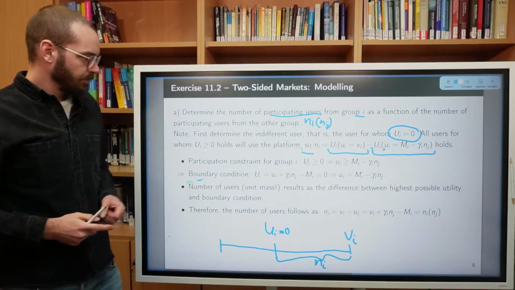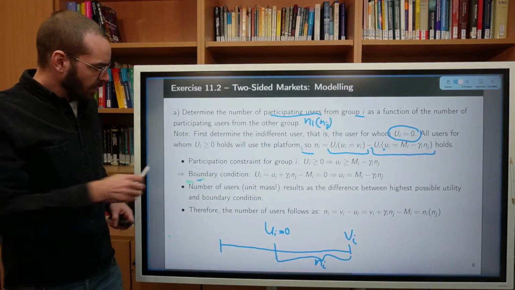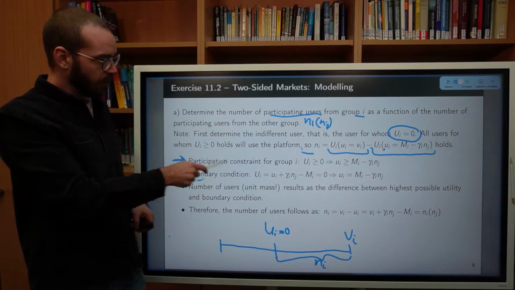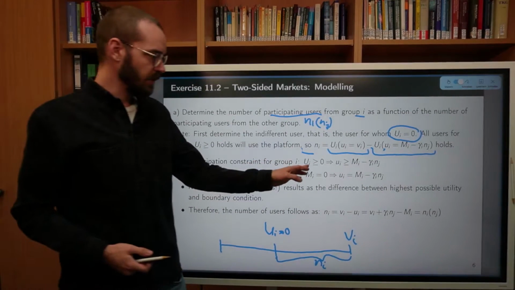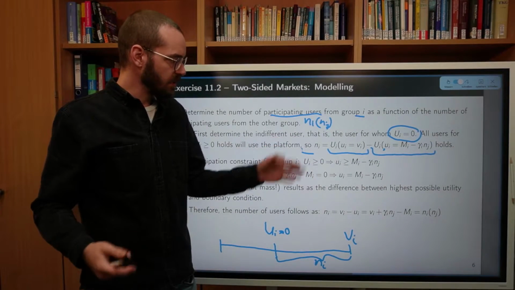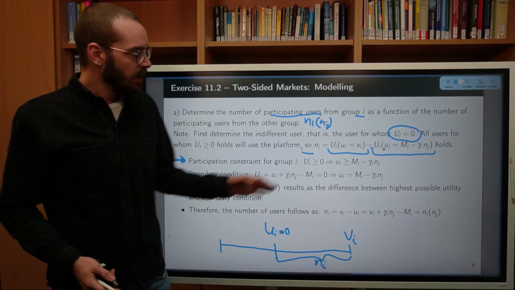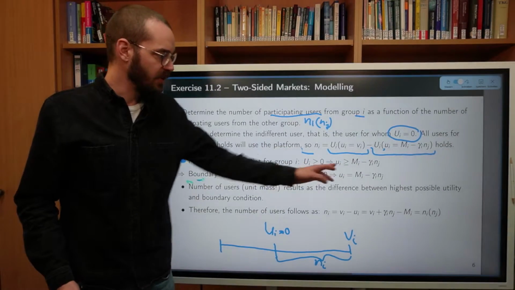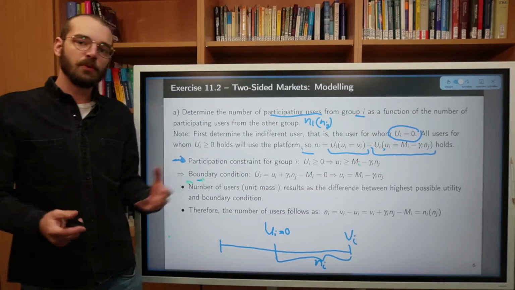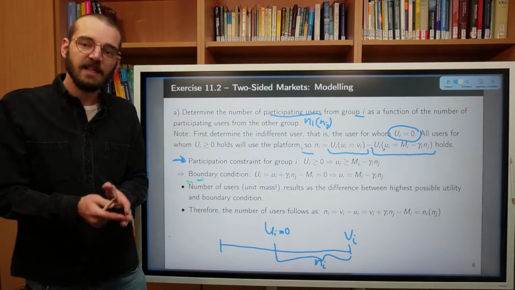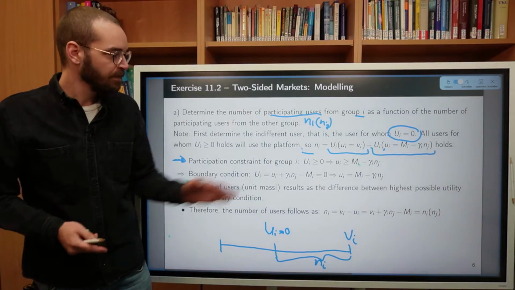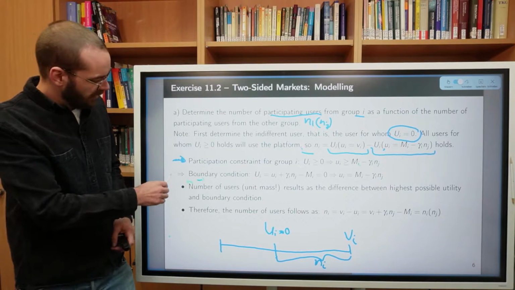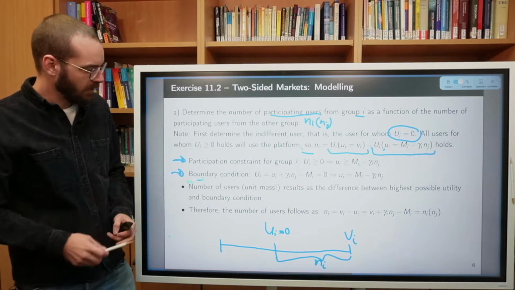All right. So we have talked about the participation constraint for group I, so the net utility must be weakly larger than 0. From this it follows that the intrinsic utility must be weakly larger than this expression. Of course, now in the border case, in the indifference case, this weak inequality becomes an equality. So we have this boundary condition which we have talked about.